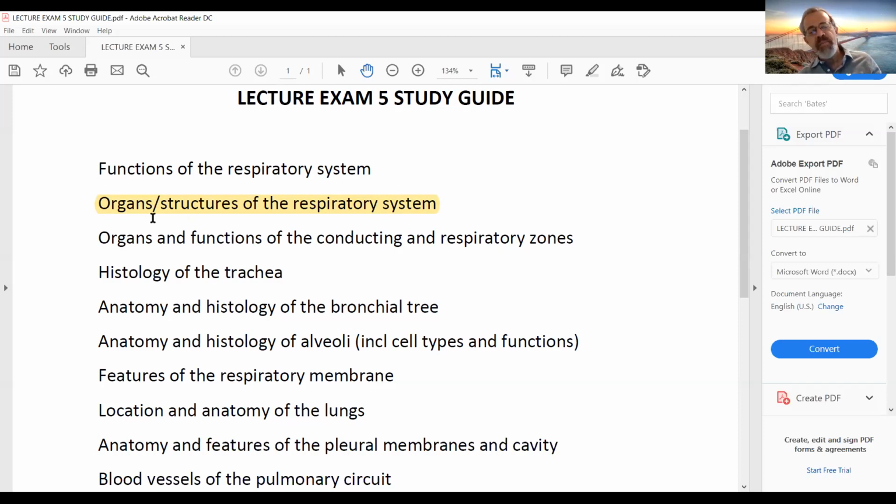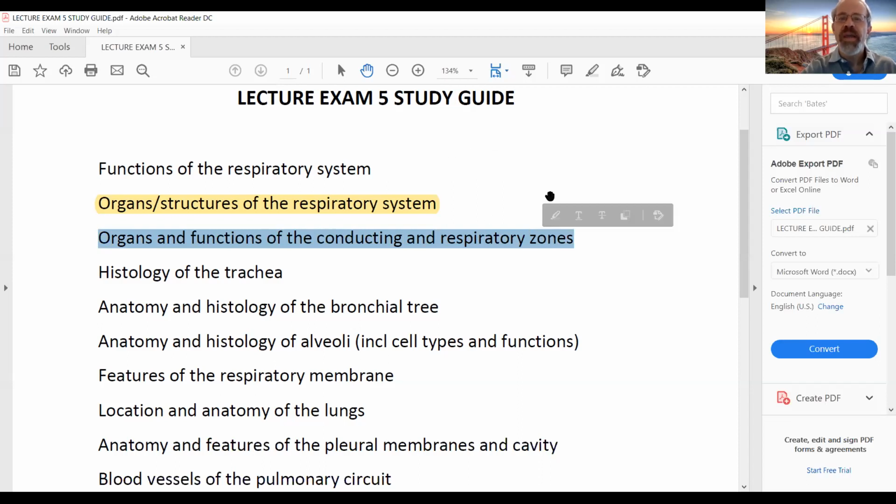So know those and name all the different organs, but of course, structurally is really where we started getting into the trachea.